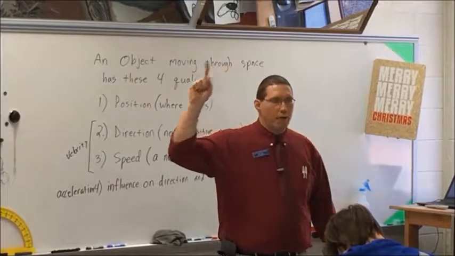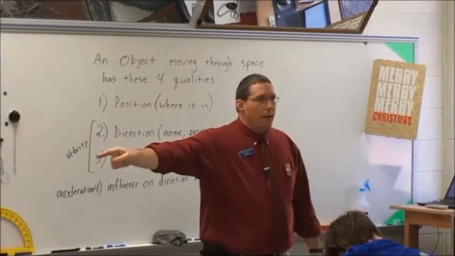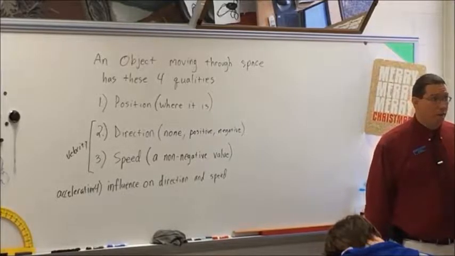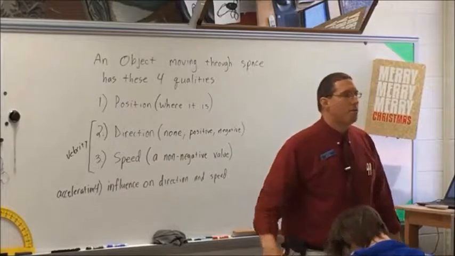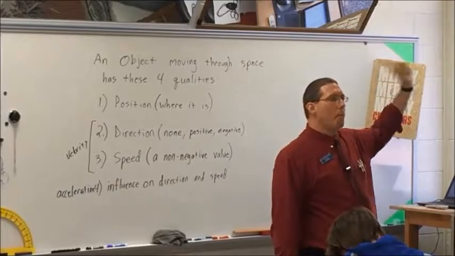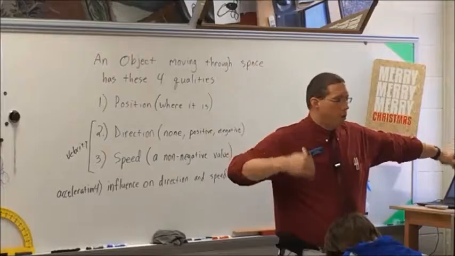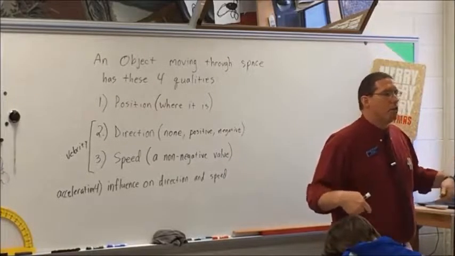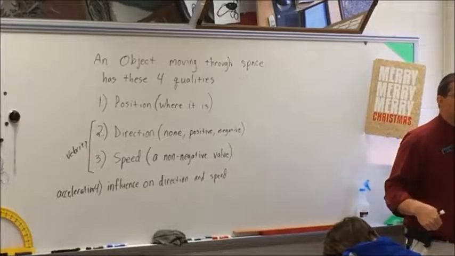Let's say an object is in a positive position, moving in a positive direction, and it has a positive influence on velocity. It's going to keep moving in a positive direction and stay in a positive position.